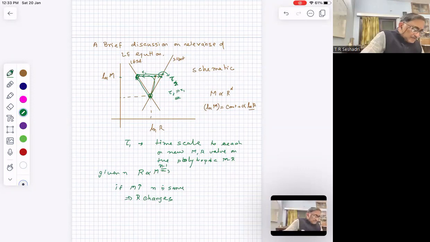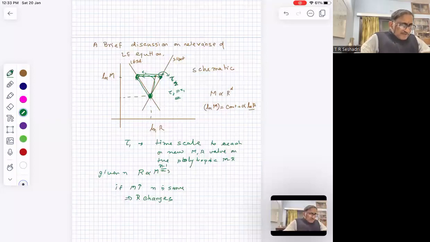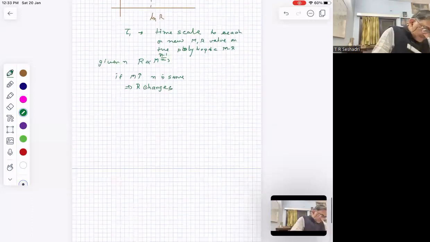But now this is a star, and ultimately the fusion will readjust itself to bring it to another point over here for the new mass. So an M1 star and mass of star. Okay, so this is the sequence it happens.